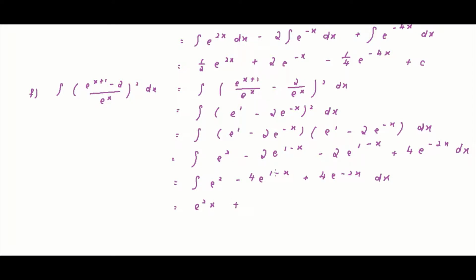So plus, 1 minus x, when you differentiate, you get negative 1, right? So it becomes plus 4e^(1-x). For this case, it will be negative 2. So when 4 divided by negative 2, you get negative 2, e^(-2x), and plus c. Okay, so that's it. So let's move on to the next questions.